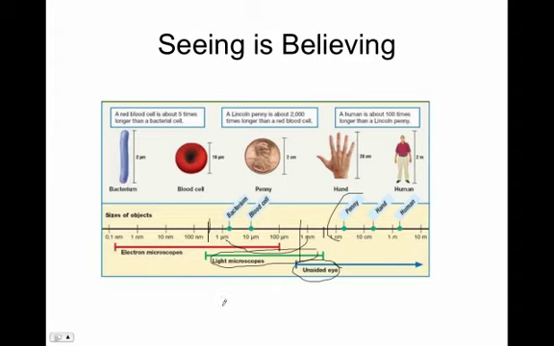So 1,000 micrometers equals 1 millimeter. A human red blood cell is 10 micrometers. A bacteria is 2. And so if you look, a light microscope goes to about there, so it can see bacteria, and that's about it. And electron scanning microscopes can go down to 0.1 of a nanometer.